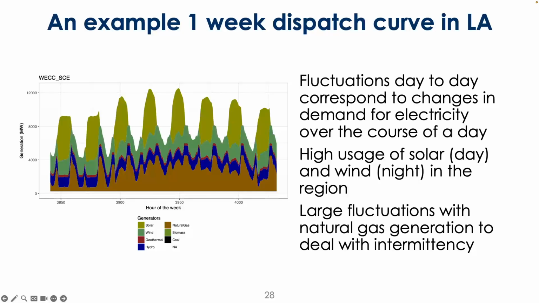This is, coincidentally, also known as a dispatch curve. It's a little different from the dispatch curve I was just showing. So forget the colors and the fill for a second, and just take a look at this shape. These fluctuations, the total amount here, that is electricity demand, specifically in the Los Angeles area.